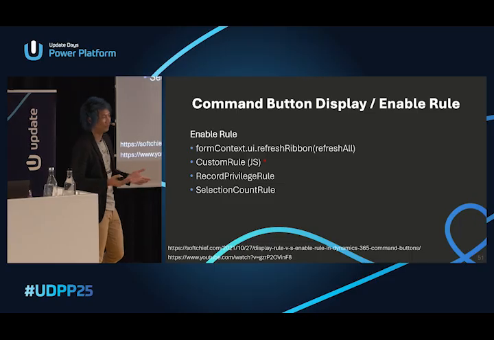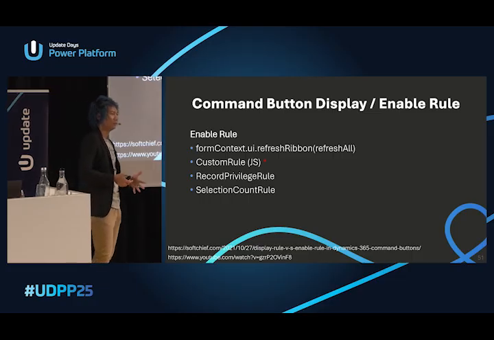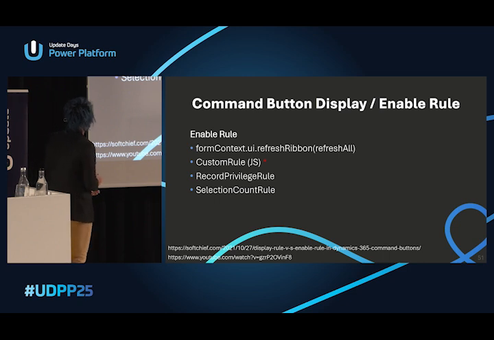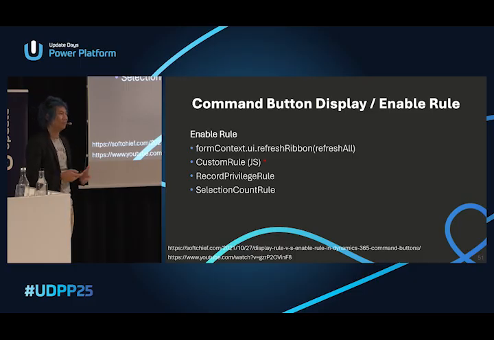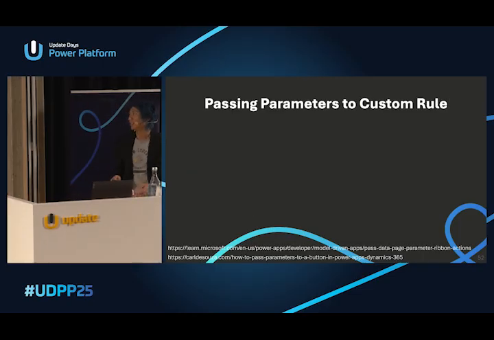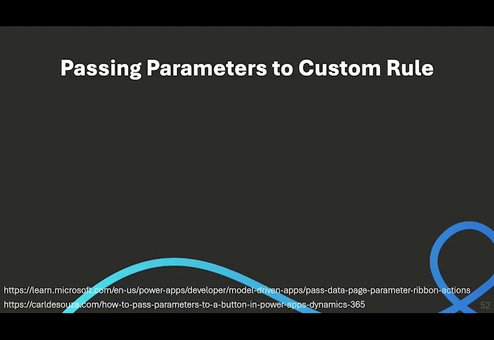That's what we had in the legacy ribbon buttons, but not in the new command bar. We can only have it as PowerFx, but we can't have this custom rule in JavaScript. And it's useful, the selection count rule: if you have a button for a subgrid, you can use it as a selection rule. And other items, like the item tracking rule, are not really used.